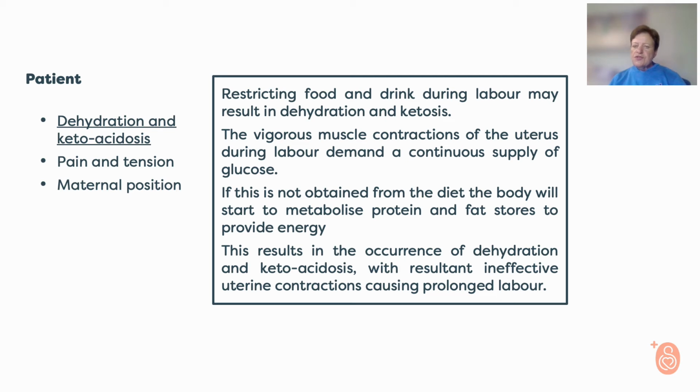If the glucose is not being provided to the woman in the form of diet or glucose-rich fluids and maybe sweet things during labor, the body will start to metabolize protein and fat stores to provide this energy. And we all know that ketoacidosis is the by-product of these fat stores that have been used for energy.